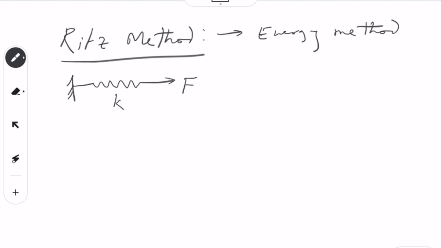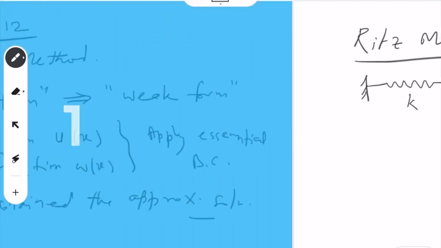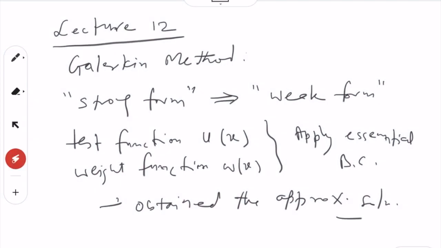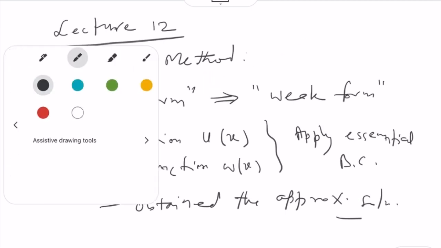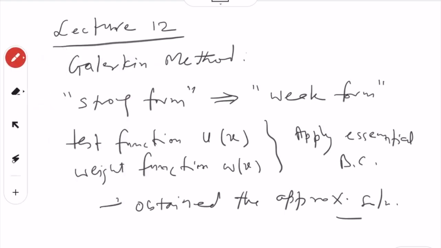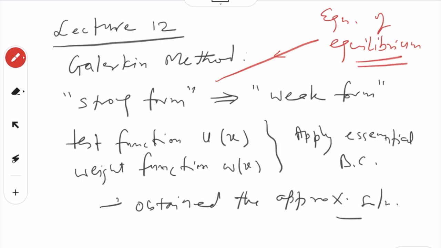For the Galerkin method, on the other hand, we use the differential equation, which is the strong form, and this differential equation came from the equation of equilibrium, based on Newton's second law.